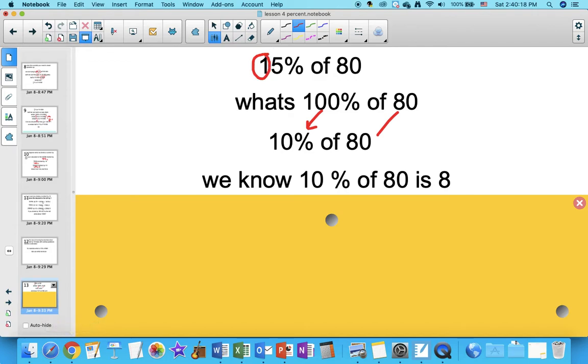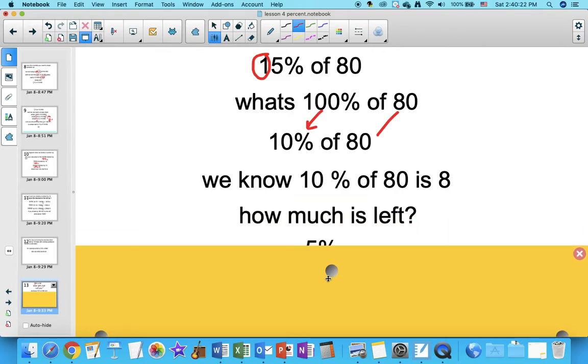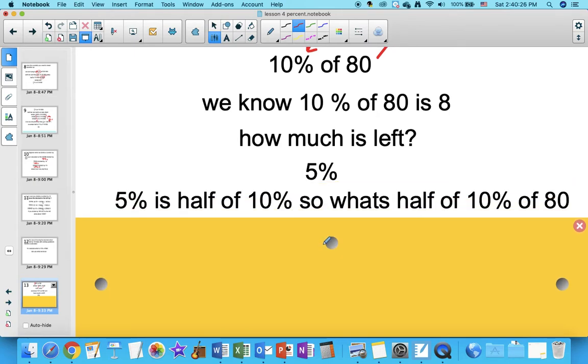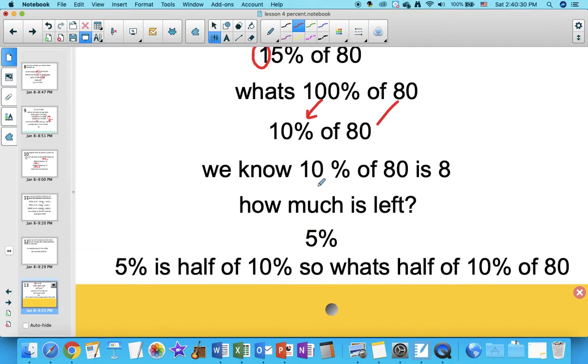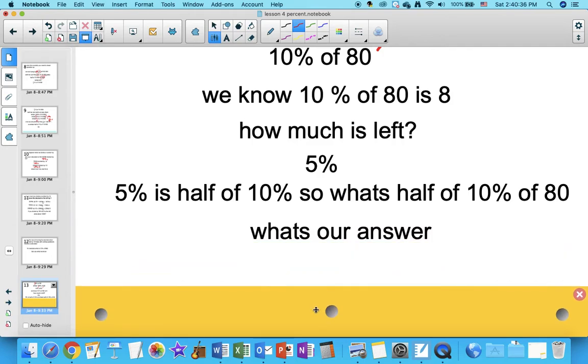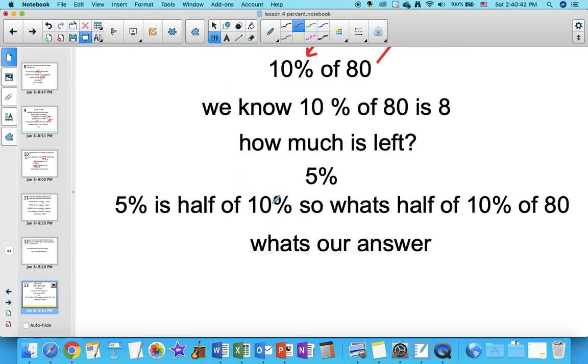Okay, well, what's left? How much is left? Well, 5%. We're looking for 5%. Well, 5% is half of 10%, right? We already know what 10% is. It's 8. So 5% is half of that. So what's half of 10% of 80? 4, right? 10% of 80 is 8.